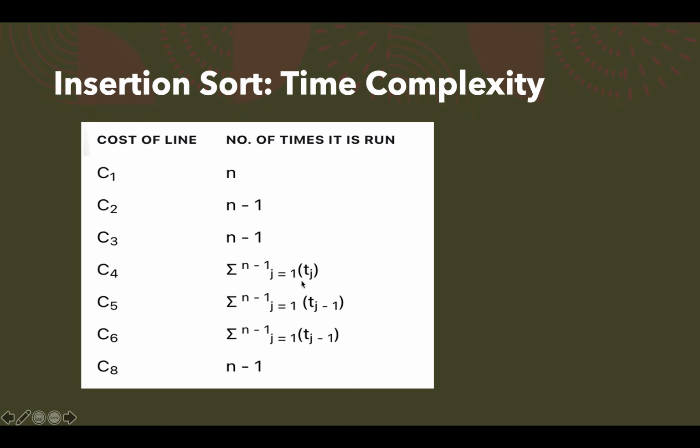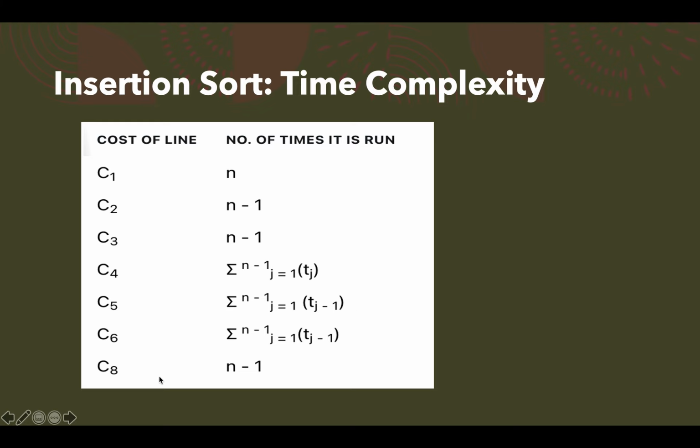So if the while loop is executing for Tj times, then the statements inside the loop are going to work for Tj minus 1 times. C5 and C6 are the shifting operations: A of j plus 1 is equal to A of j, and then j equal to j minus 1. Those two steps, C5 and C6, are executed this many times.